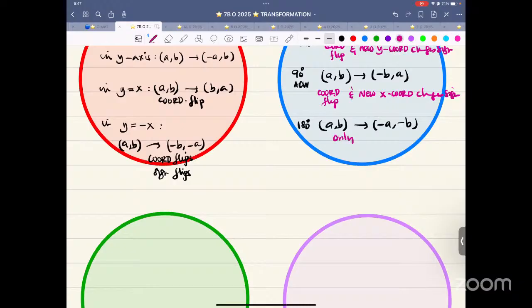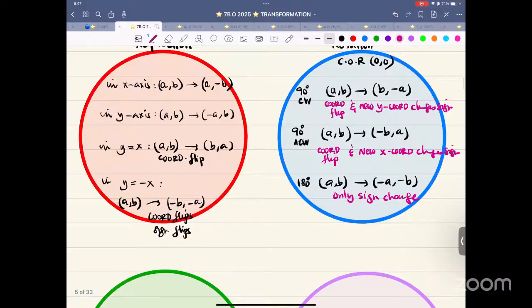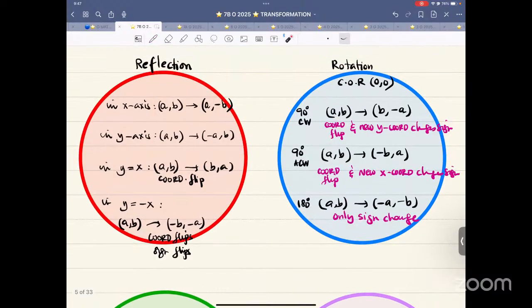There is only sign change. Now look at these two very, very closely. Reflection in the line y equals x, coordinates flip. Rotation 180 degrees about the origin, only sign change. The combination of these two is y equals negative x. Not only do the coordinates flip, there is also the sign flip.